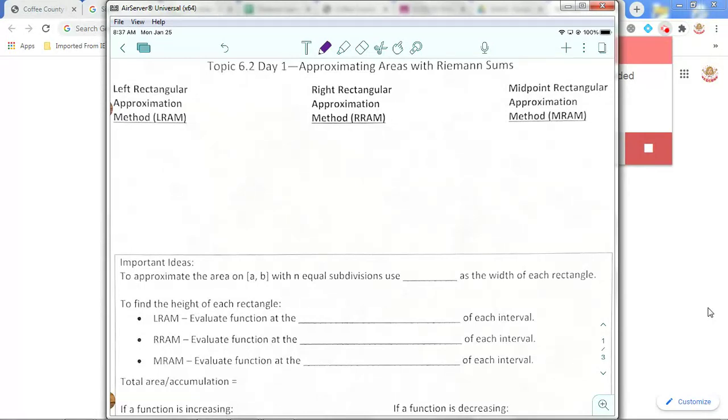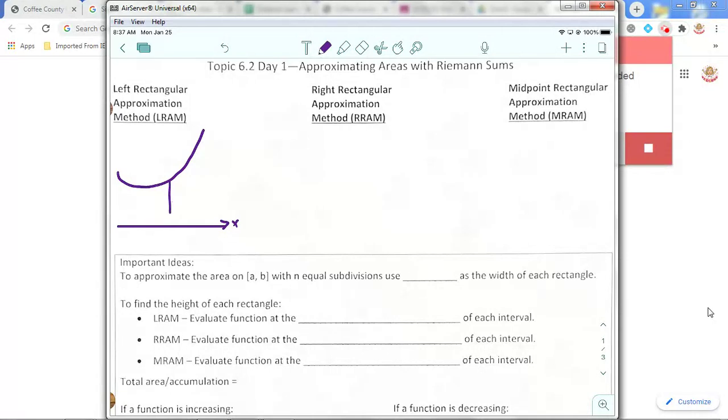LRAM. And so we have some curve above the x-axis, and we want to find the area under that curve. If we're going to use the left rectangular approximation method, we're going to use rectangles, obviously, because it's a rectangular method.